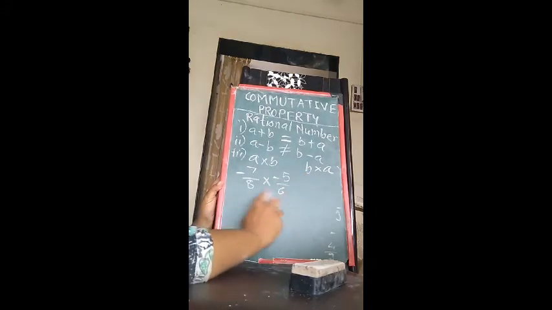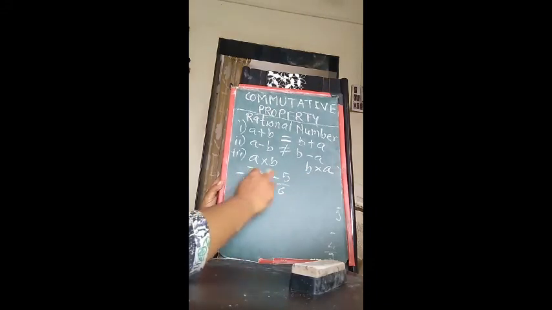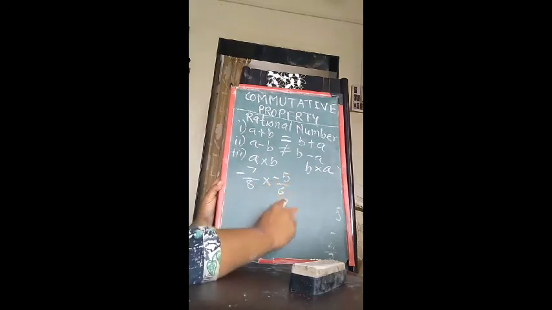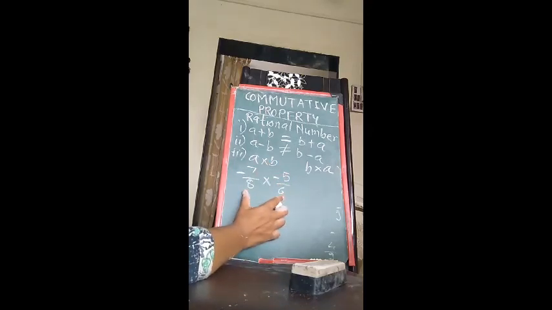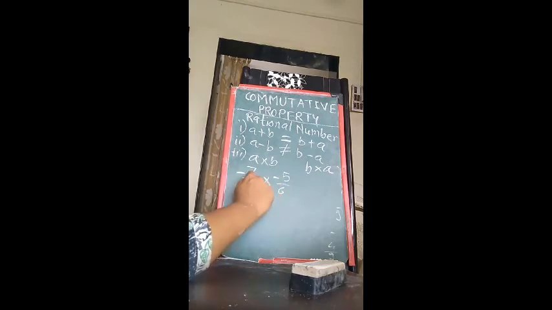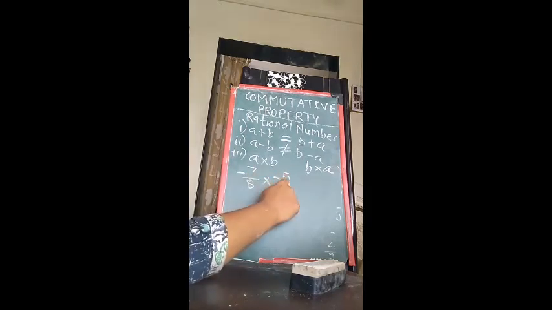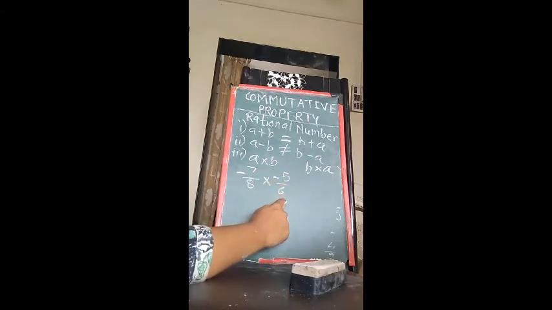Now just remember, for multiplication and division it is not necessary to make the denominators the same. We are going to multiply the numerators of both the numbers and the denominators of both the numbers.